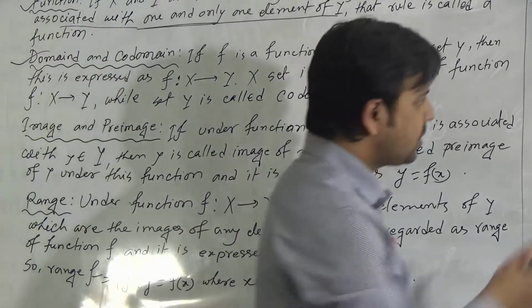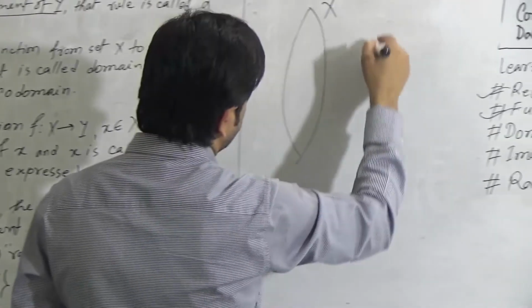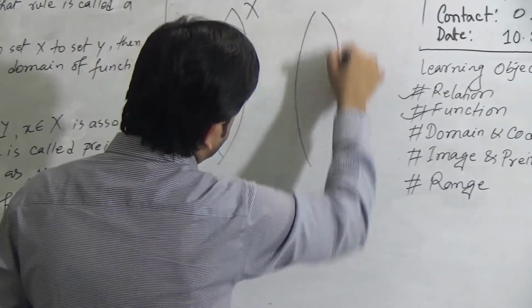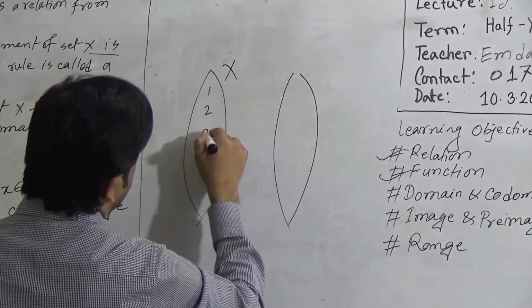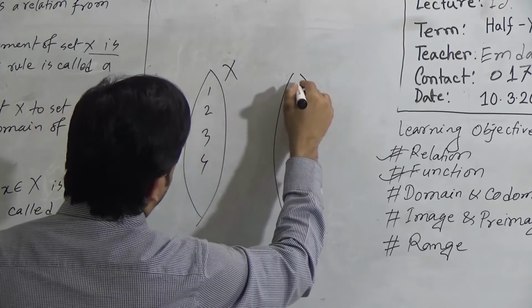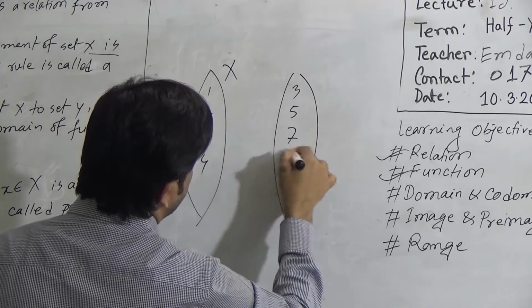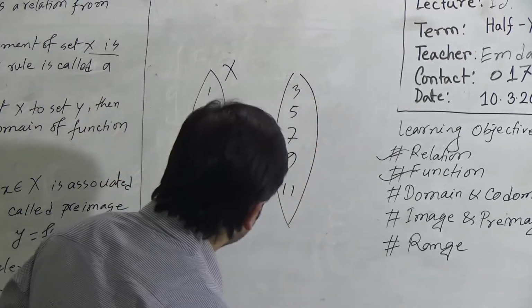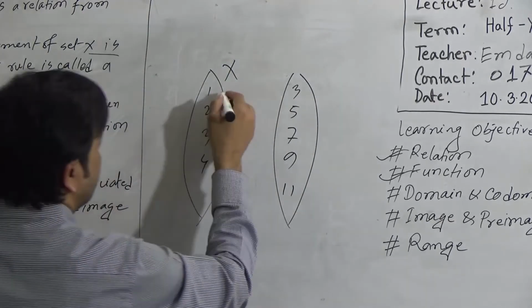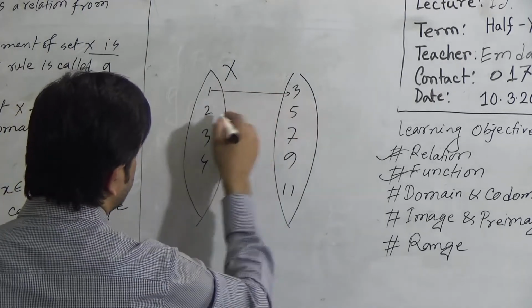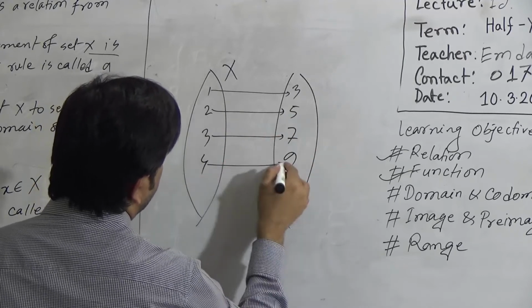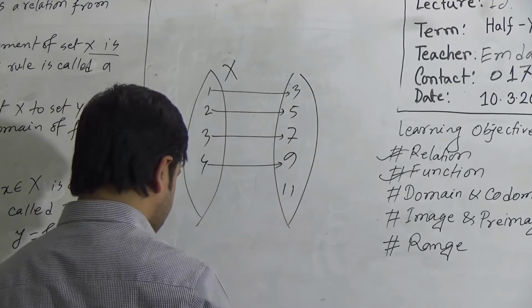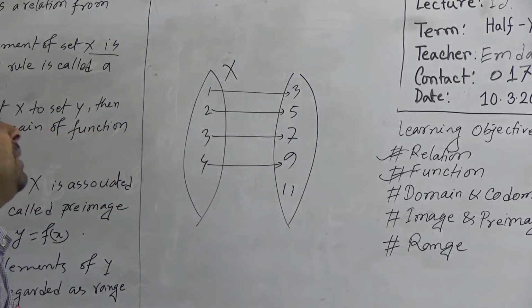Okay, dear students, now see the example again. If we consider this is set x and this is set y. Now see 1, 2, 3, 4 and 3, 5, 7, 9, 11. Now see 1 is related with 3, 2 is related to 5, 3 to 7, 4 to 9, and 11 is not related with any element of x.